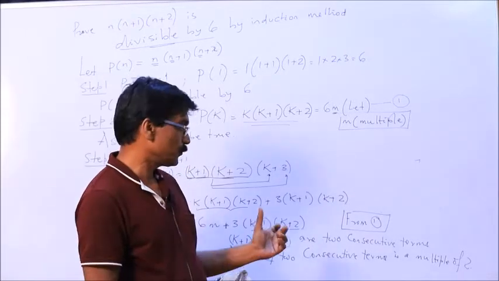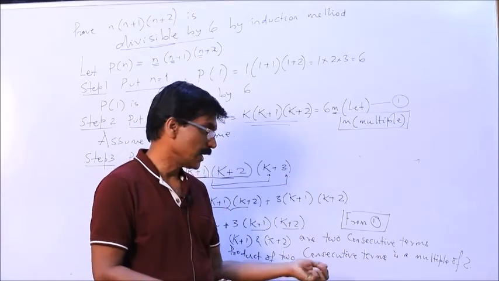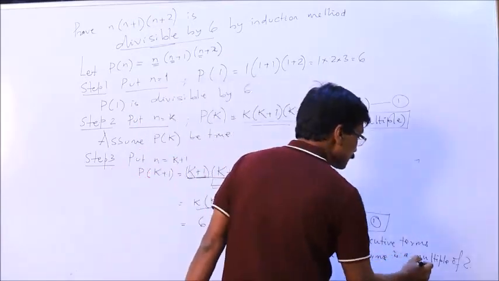So, the product of two consecutive numbers is always an even number and it is a multiple of 2.